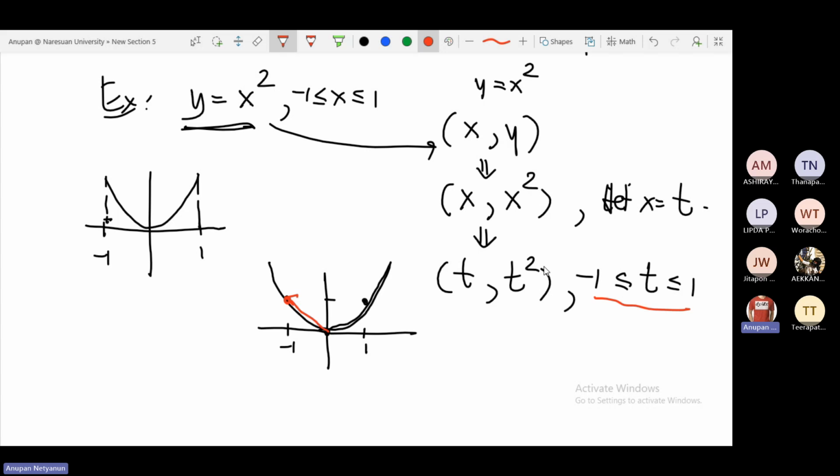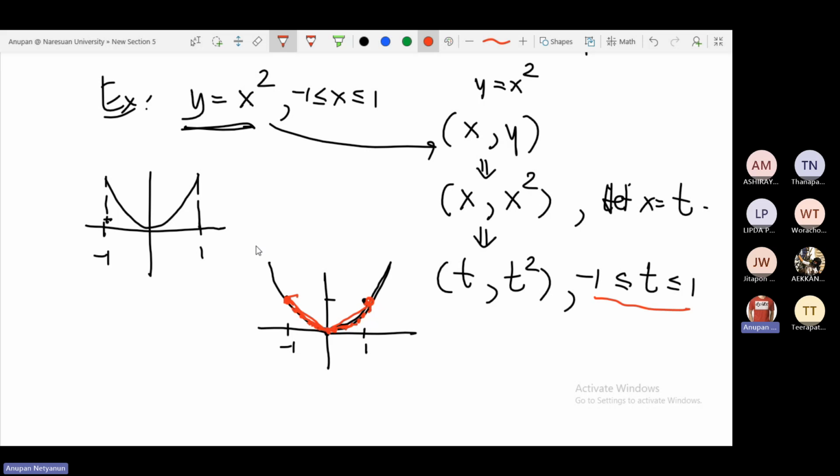Now, when t moves to 0, you get this point, and then you get the 0 vector. And then when t equal to 1, you get this point, which is this vector. So you can see that the point is running, starting from this point, moving over here, actually you get a vector, right? Moving to the right until it ends at this point.